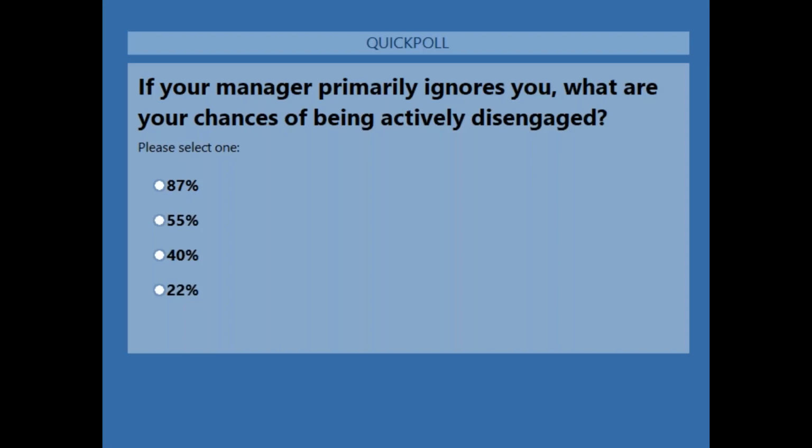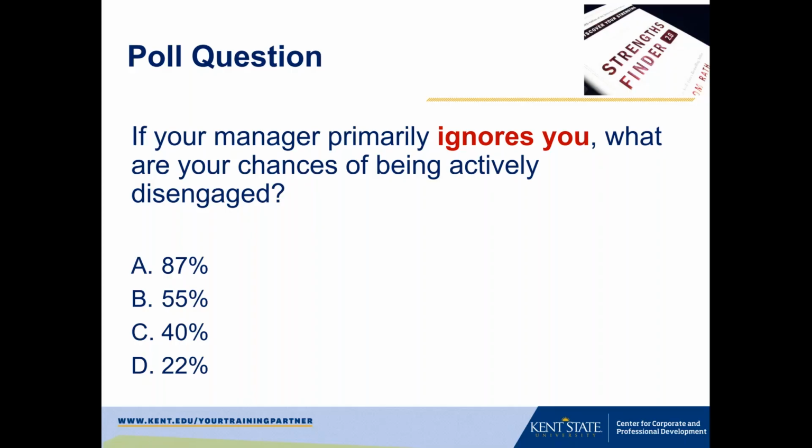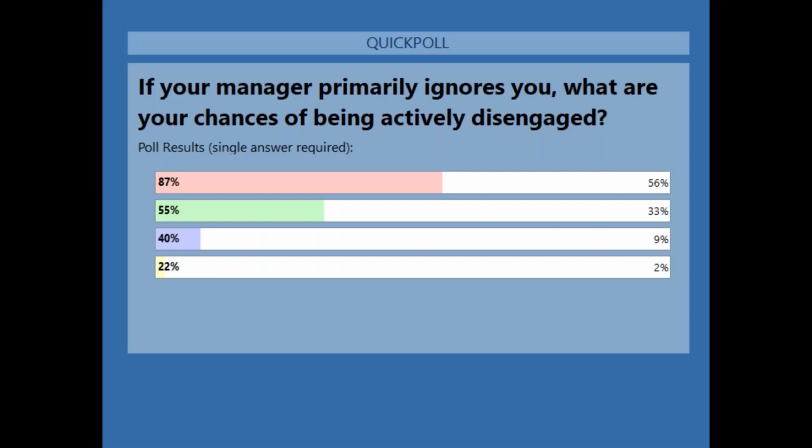Okay, it's looking like the majority have voted. I'll give them a couple more seconds, and I will share the response. It looks like 56% said 87%. 33% answered 55%. 9% answered 40%.